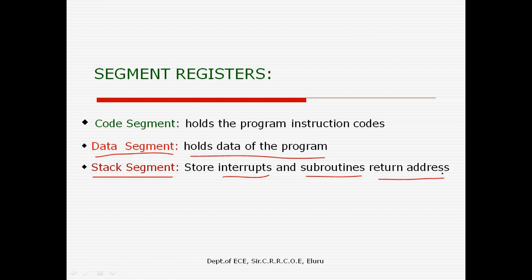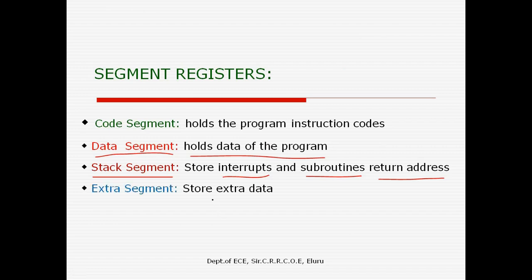We know what a procedure or subroutine is. Generally, a subroutine is defined as a group of instructions, defined separately from the main program, and those instructions are repeatedly executed to perform the same task. So the stack segment memory stores the interrupt locations, subroutine addresses, and return addresses. Mainly it deals with the stack operations.